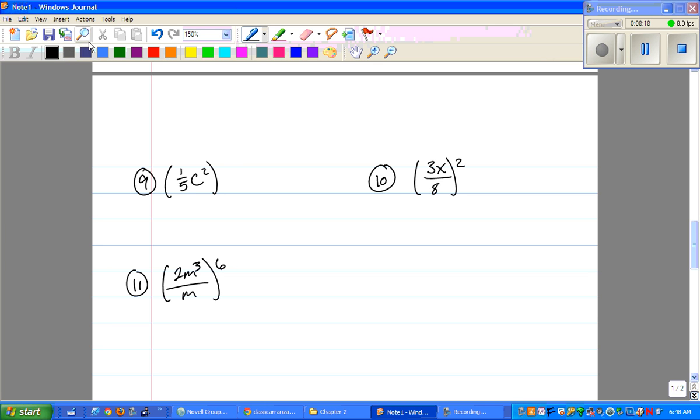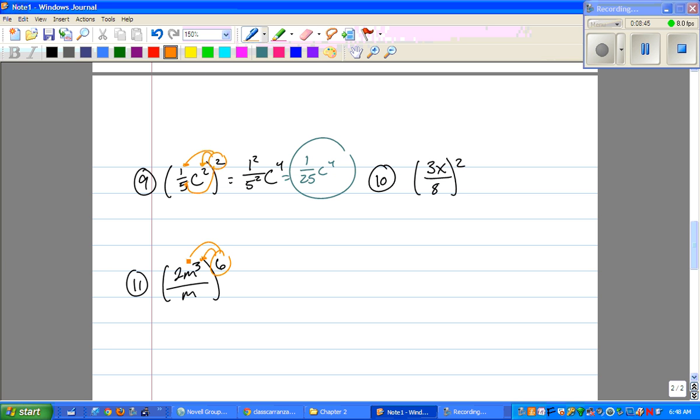Okay? Number 9, I forgot the little extra squared out there. And we have to make sure that this exponent goes to everything. So it's really saying 1 squared, 5 squared, c to the 4th, which we can go ahead and reduce to 1 over 25, c to the 4th. Okay?